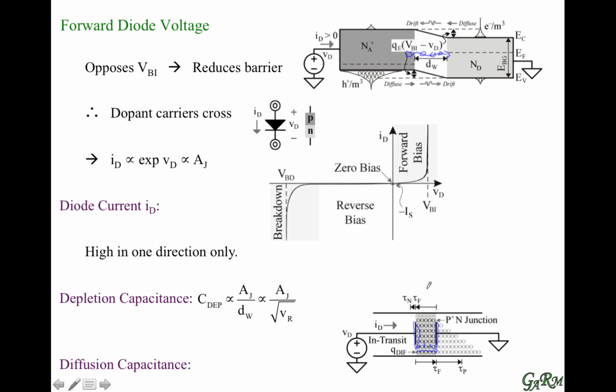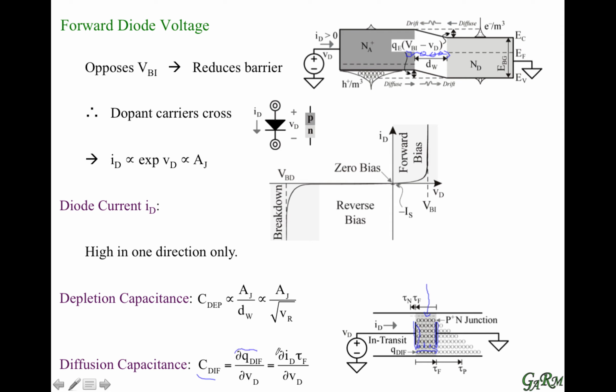Well, capacitance is nothing but the ability for a device to hold charge with a voltage, and here what we see is that we have charge in the depletion region, and more specifically we have in-transit charge in the depletion region, and that means that we have effectively a diffusion capacitance that holds that charge.